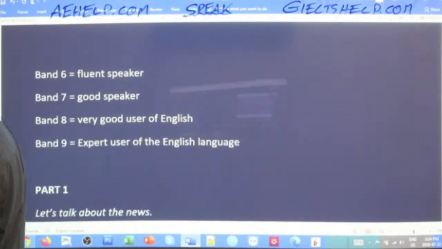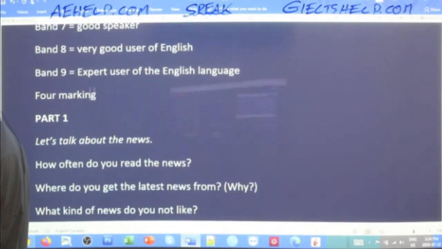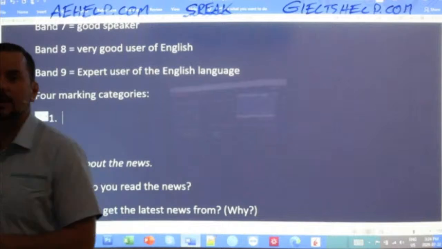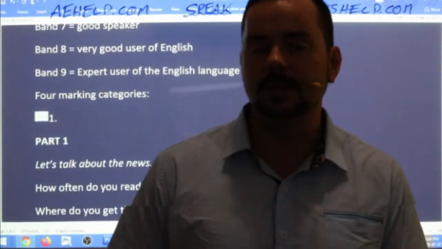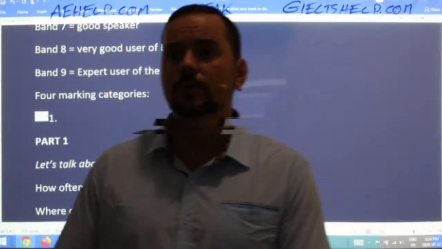Okay, so what are the marking criteria? There's basically 4 marking criteria, so 4 marking categories. Does anybody know what they are? So anybody know what they're looking for when they're marking you? And they have a very clear marking system. It's called a marking rubric.